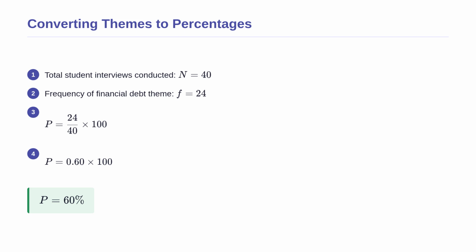We set our total interviews, n, to 40, and our frequency, f, to 24. Substituting these into our formula, we divide 24 by 40 to get a decimal proportion of 0.60. Multiplying by 100 gives us our final answer of 60%. This means 60% of the interviewed students experience financial stress.